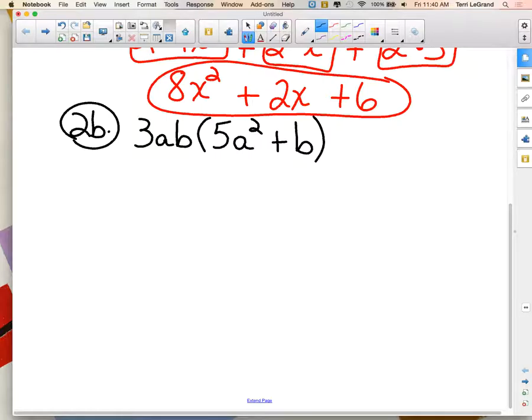Wouldn't it be a linear trinomial because there's 3 terms? Because the 3, the a, and the b are called terms? It'd be a linear monomial still, because they're not being added, so they're not terms.